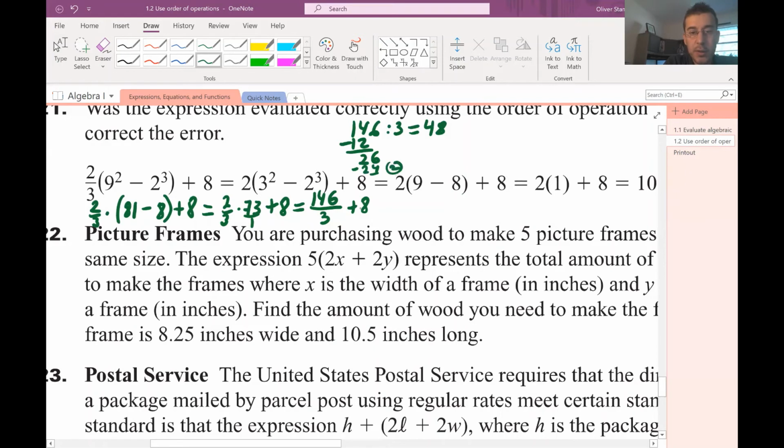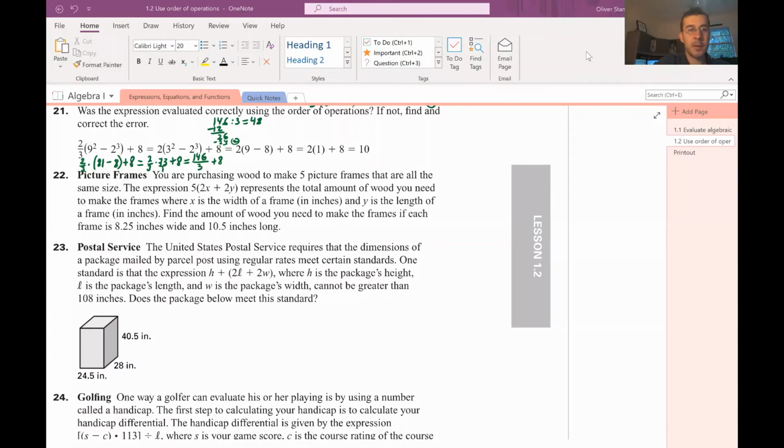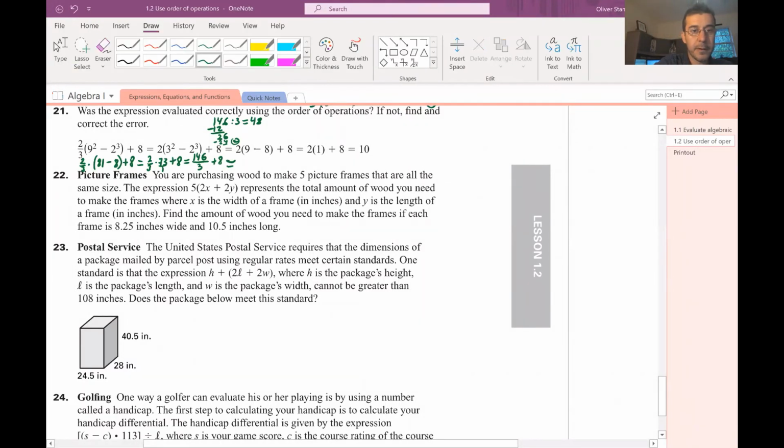So 146 over 3 can be written as 48 wholes and a remainder of 2, which is 2/3. Then 48 wholes and 2/3 plus 8 is 56 wholes and 2/3. And that's the answer for 21.